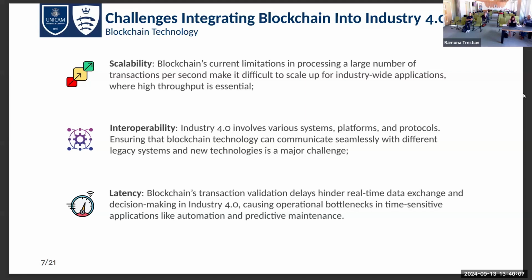The third one is, of course, latency, because a transaction in the blockchain must be validated by all the nodes composing the network, or at least the majority of them, and this makes it difficult to have real-time communication.